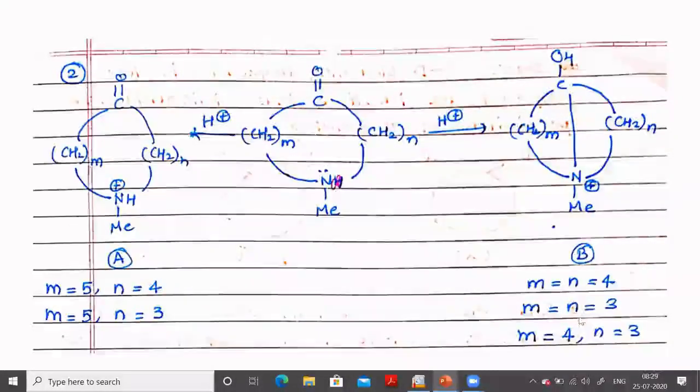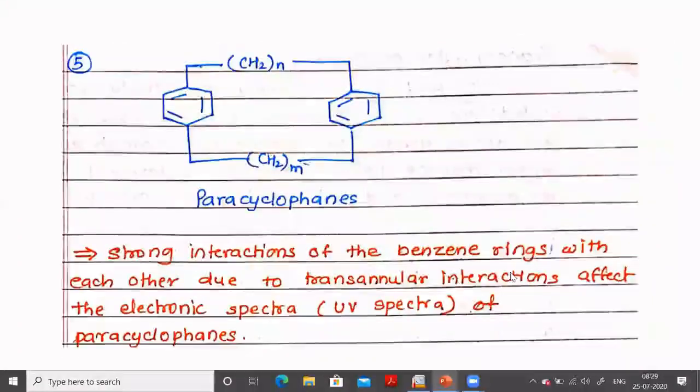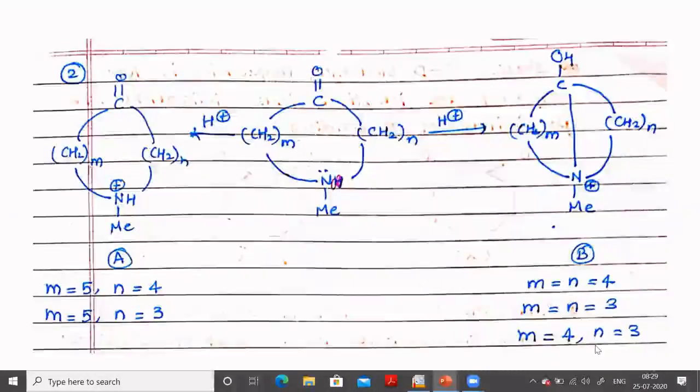If M and N are 3, these two together make 6, and with these two it becomes 8. So this is an 8-membered ring. Again, this is 4 and 3, so this is 7, and with these two it becomes a 9-membered ring. So in short, these are medium size rings. The first represents decane, the second represents octane, and the third represents nonane.